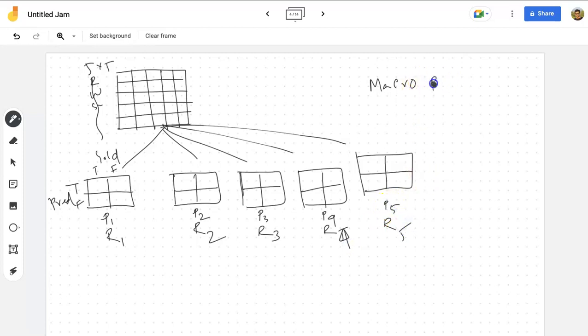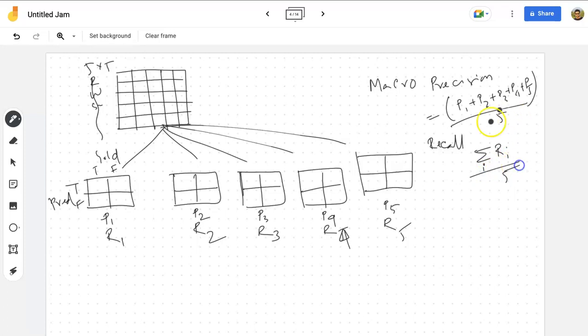For macro precision, we sum P1 plus P2 plus P3 plus P4 plus P5 divided by 5. Similarly for recall, the summation of all Ri's divided by 5. This is how we calculated macro precision and macro recall.